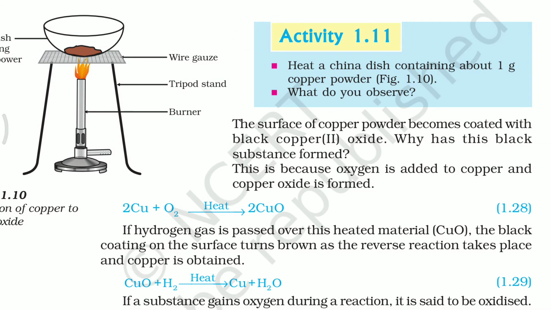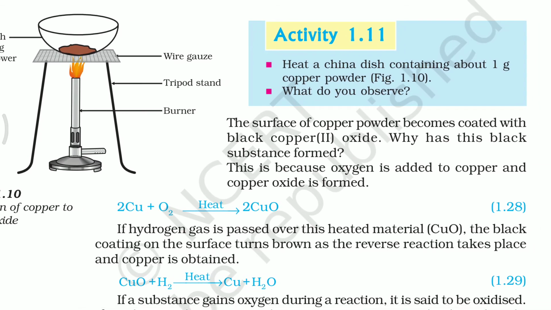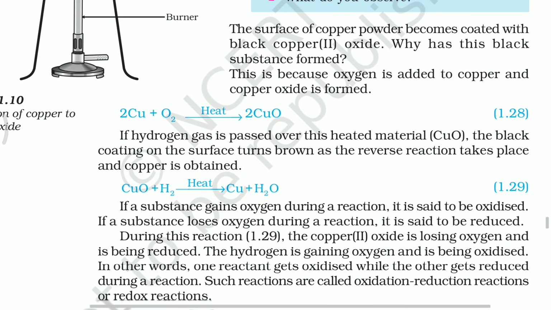Copper oxide is formed. Copper is a reddish brown colored substance. After heating, it forms black colored copper oxide. This is a familiar example for oxidation. Here we are adding oxygen atoms, so it is an oxidation reaction.